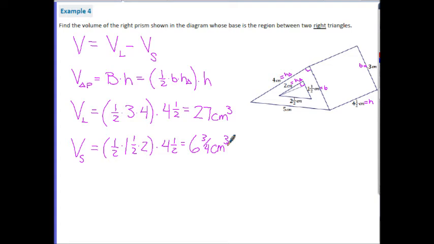And so let's go back to our general strategy, which was to subtract the two. So we are going to take 27 and subtract out 6 3/4, giving us a final answer of 20 1/4 centimeters cubed, or cubic centimeters.